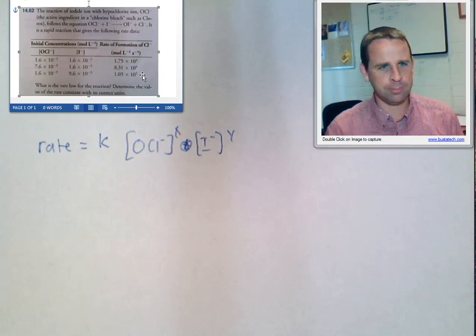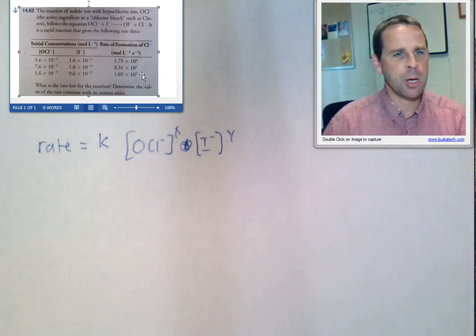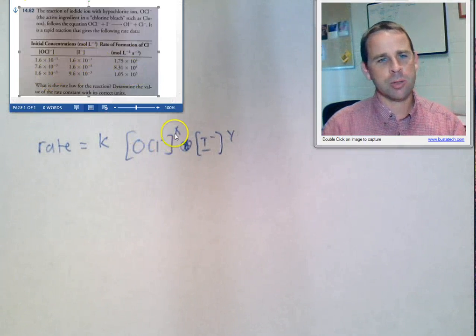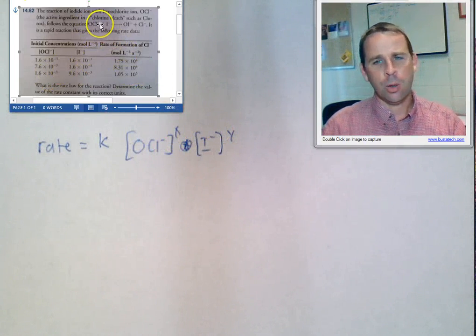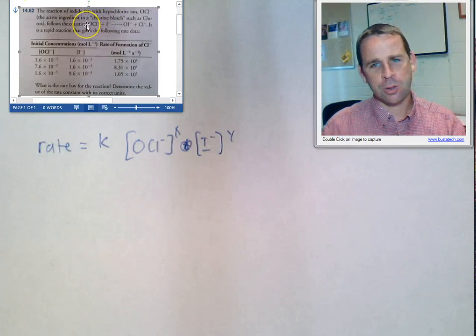All right, and this experimental data is the only way you can determine what those exponents are. You might be tempted to use the coefficients in front of the reactants, but that's not the way you can do it.